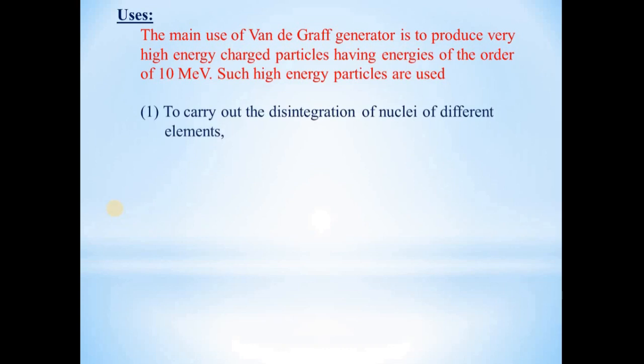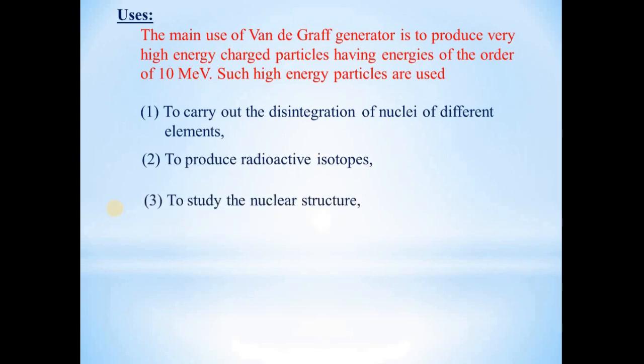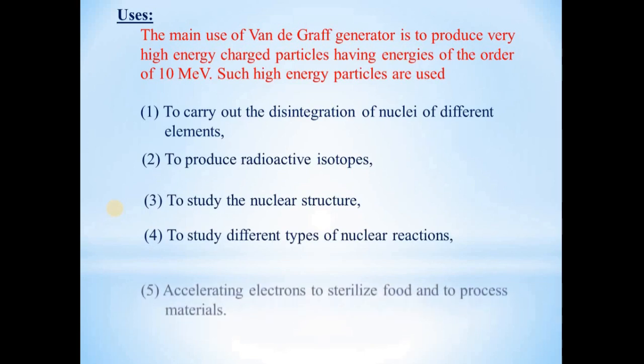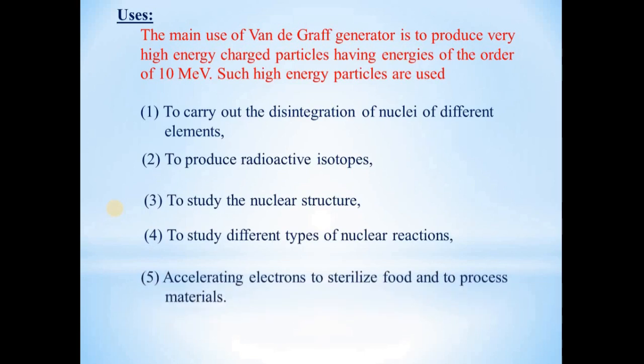Such high energy particles are used to carry out the disintegration of nuclei of different elements, to produce radioactive isotopes, to study the nuclear structure, to study different types of nuclear reactions, accelerating electrons to sterilize food and to process materials.